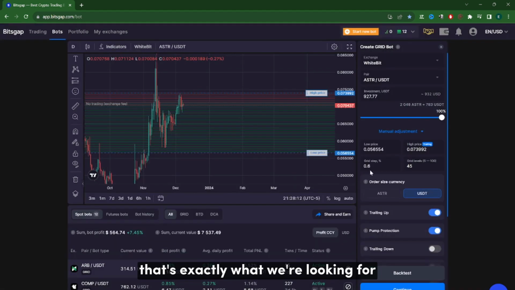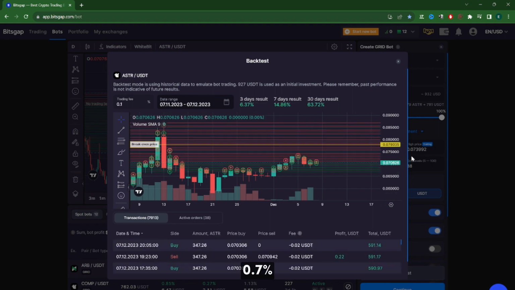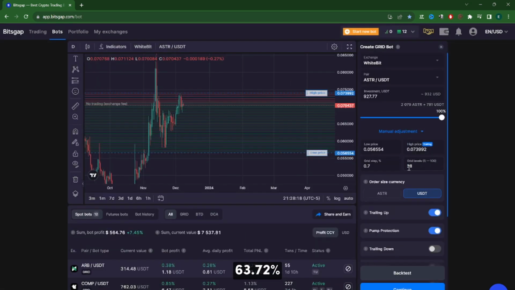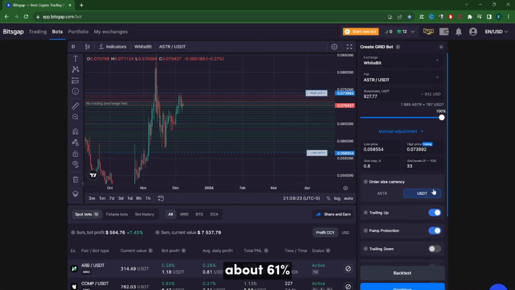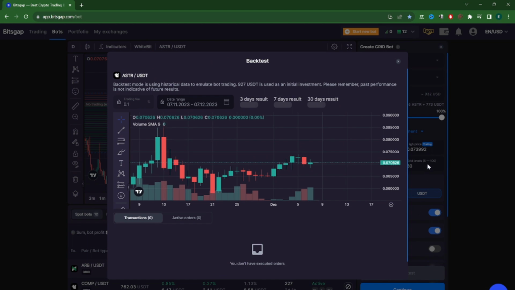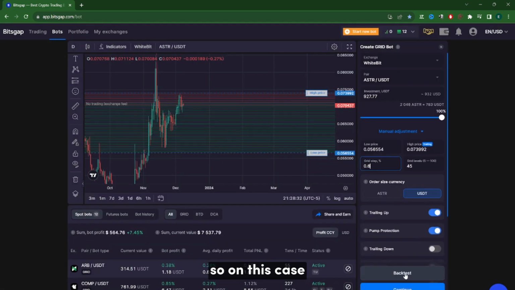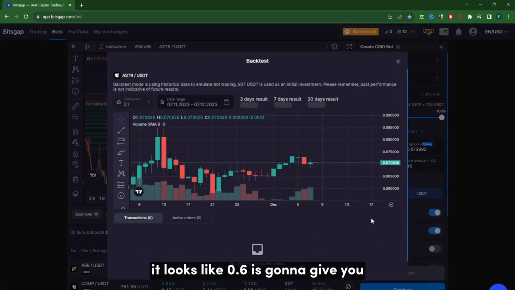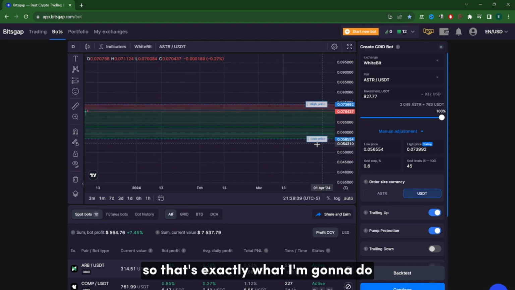That's exactly what we're looking for, finding the best settings. 0.7, 63.72%, 0.8, about 61%, and 0.9, we're getting about 55%. So in this case, it looks like 0.6 is going to give you the highest return so far. So that's exactly what I'm going to do.